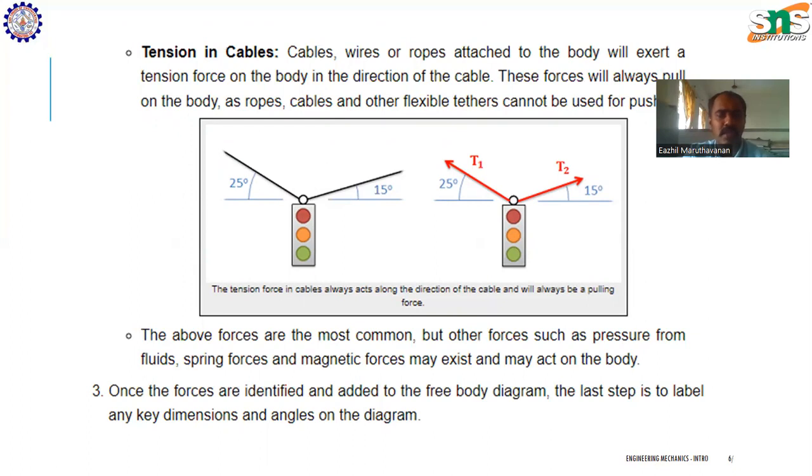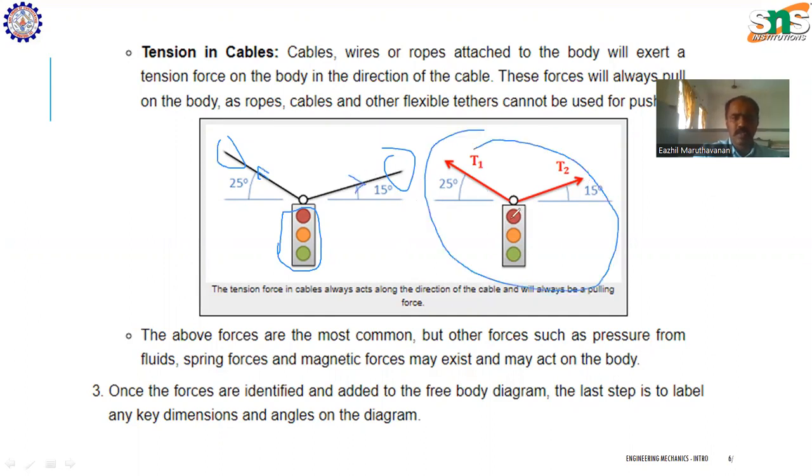There are two different cables at two different angles, supported at the end points of the cables. The supports at the end points hold the traffic light from falling freely down, so the tension in the cable will always act opposite to the falling direction, like this. So we draw the free body diagram like this. Later, according to the needs of the problem, we have to identify the angles.